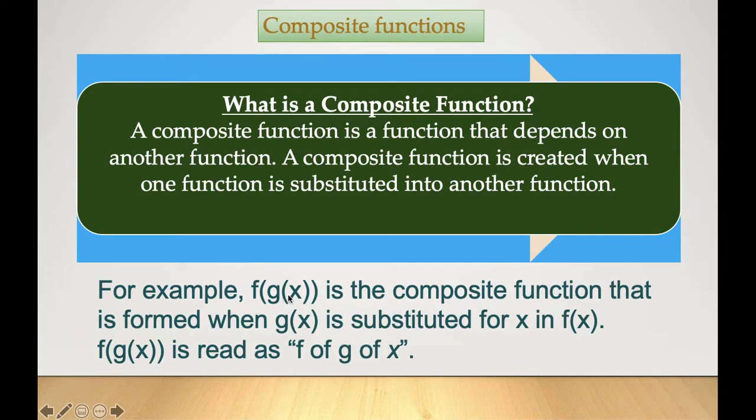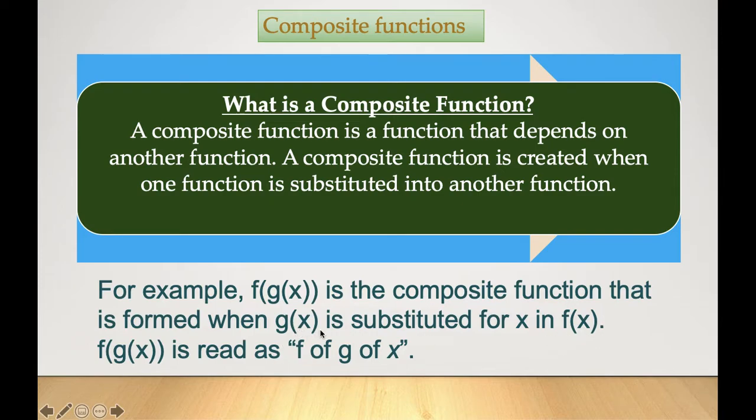So this is an example of a composite function, formed when g of x is substituted for x in f of x. A composite function is a function that depends on another function. It is created when one function is substituted into another function.